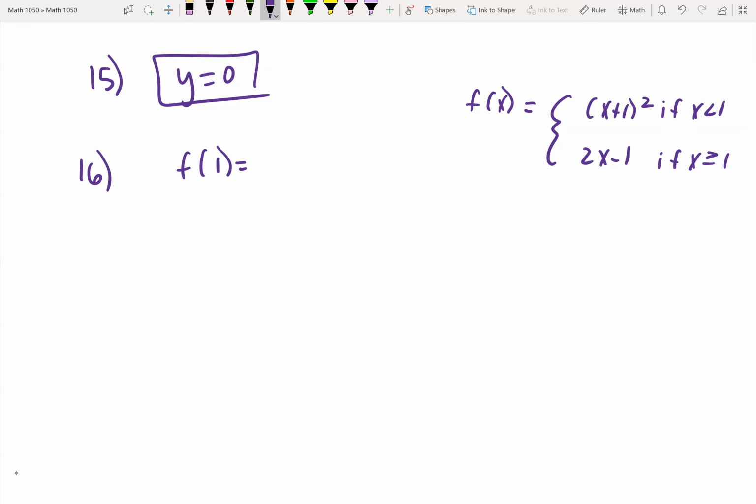X is equal to 1, so it'd be that guy. So all you do is go 2 times 1 minus 1. 2 times 1 is 2, minus 1 is 1. That's your answer, okay?